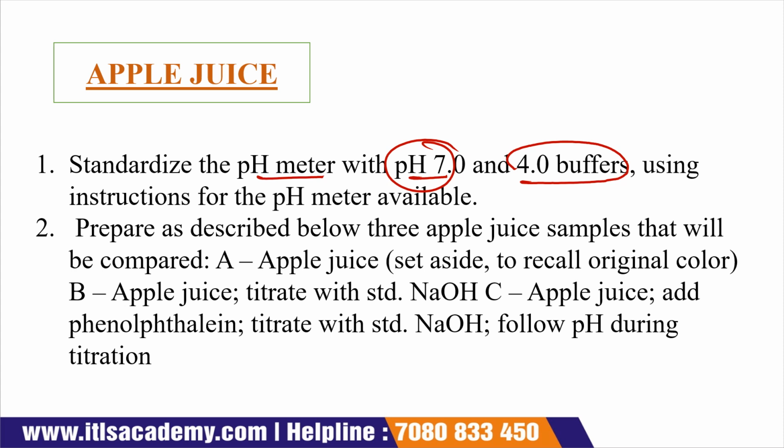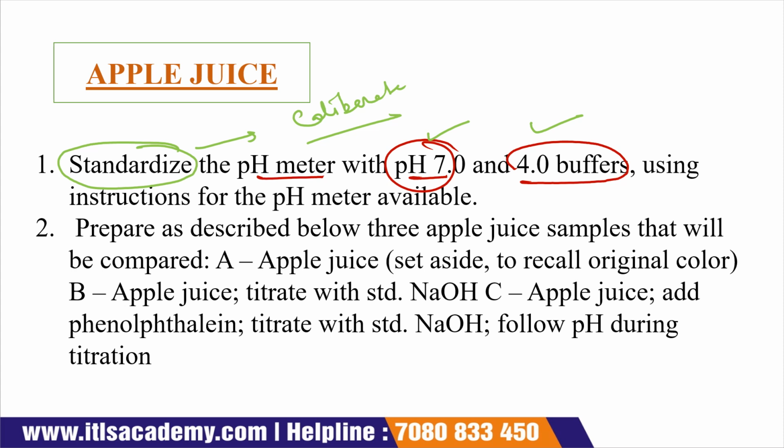Every time we use the pH meter we have to calibrate it. We calibrate this pH meter with pH 7 and pH 4, and how we calibrate it, all the videos related to this are already uploaded, you can go and check them.